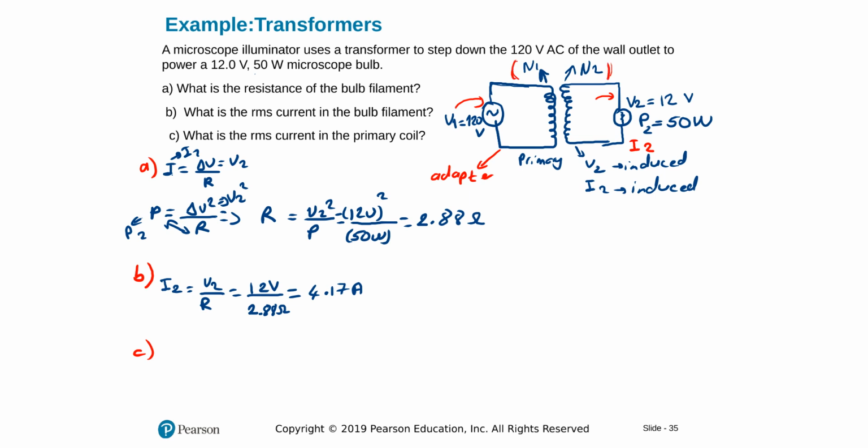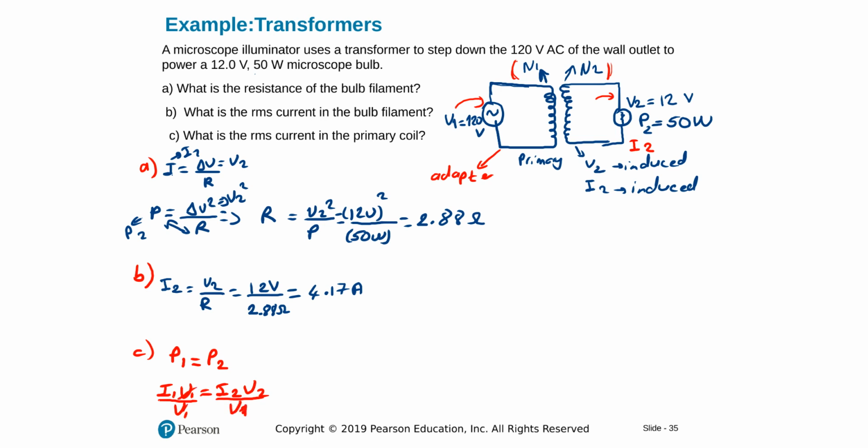But I know I2, V2, I know V1, and I can use the information that for an ideal transformer, we always assume our transformers are ideal, power 1 is equal to power 2. That tells me I1 V1 is equal to I2 V2. I know everyone else but I1, so I'm going to solve for it. Divide each side by V1, right? This is simple algebra.